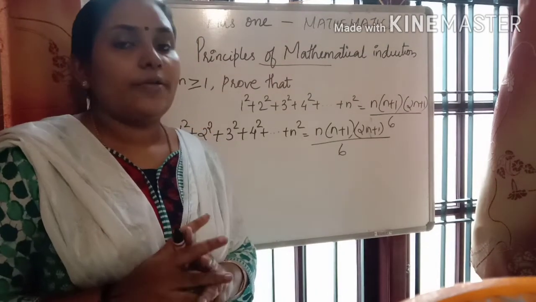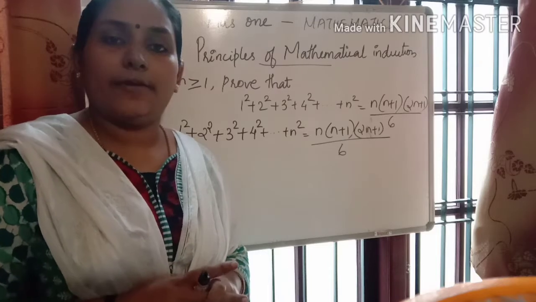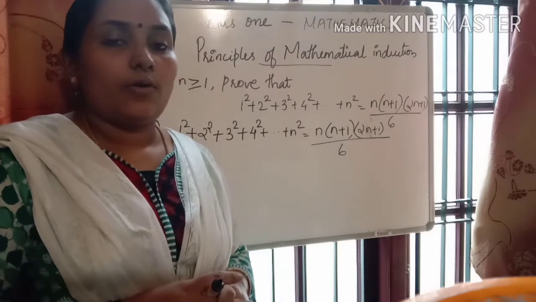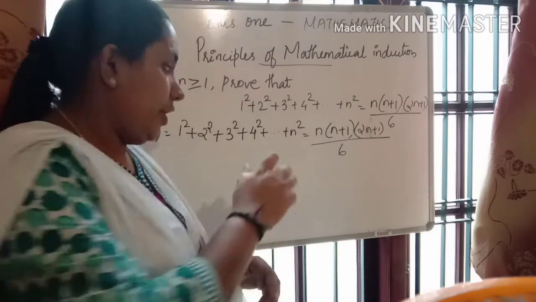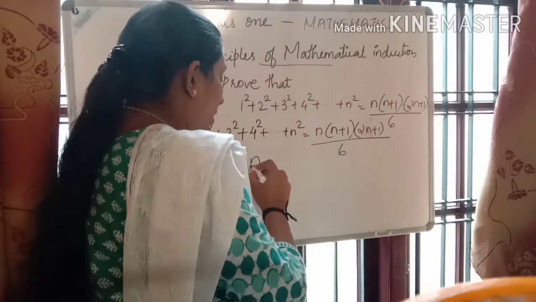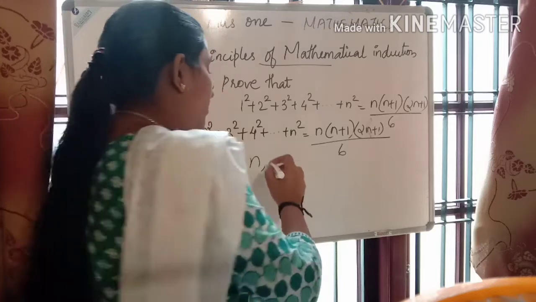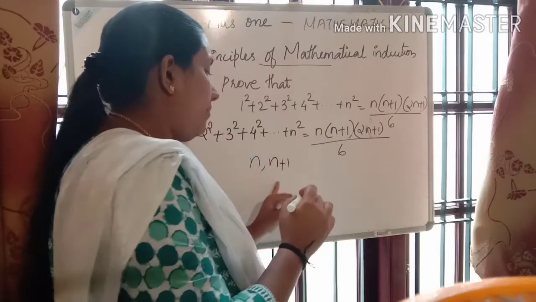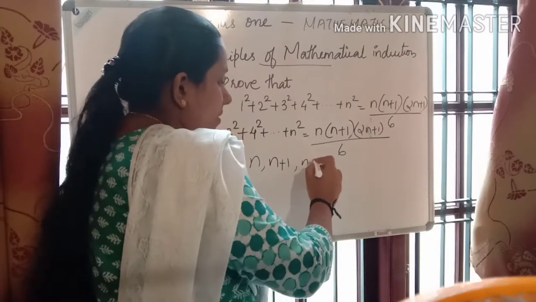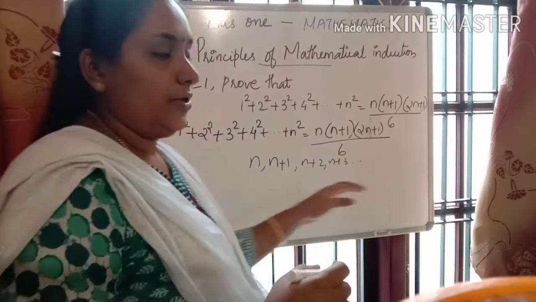First of all, we have to know what comes after the n value and before the n value. If the value is n, after n it will be added by 1: n plus 1, n plus 2, n plus 3, like that it continues.